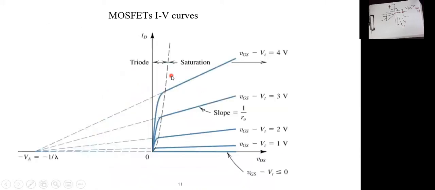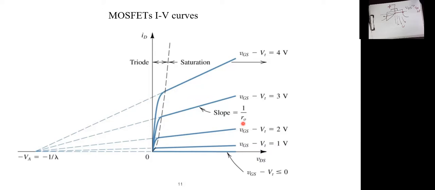It starts to have some slope, and this slope, or 1 over this slope, represents the output resistance of this iteration of the MOSFET. Of course, it's very, very high resistance, but it's not infinity. That's why we have this slope. So this is what we call the realistic IV curve for a MOSFET.